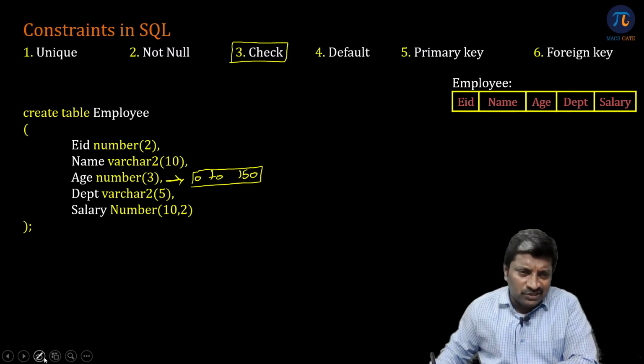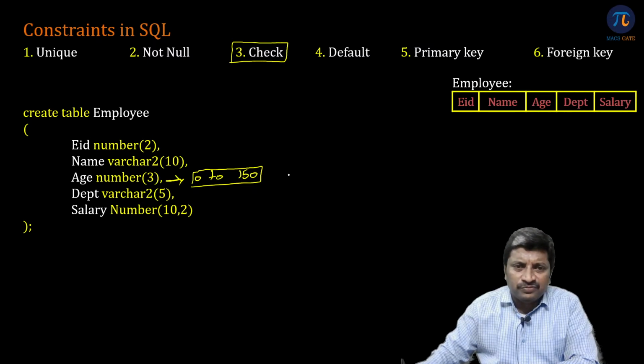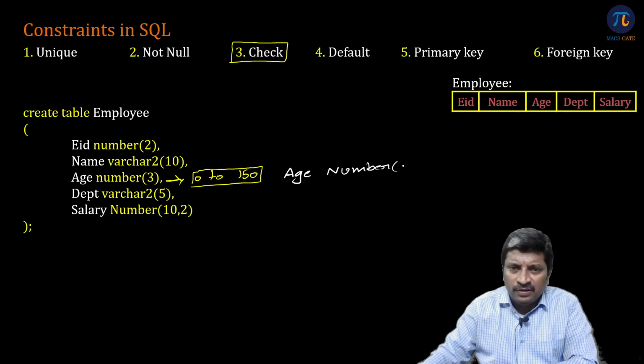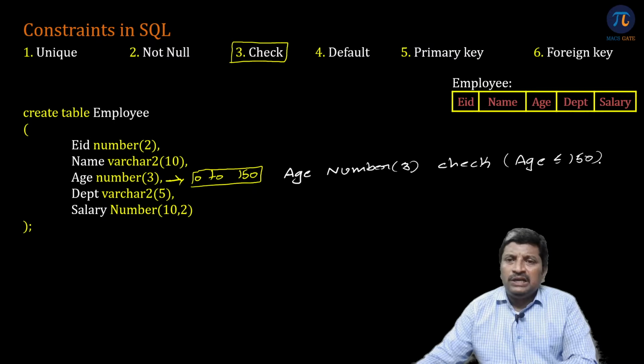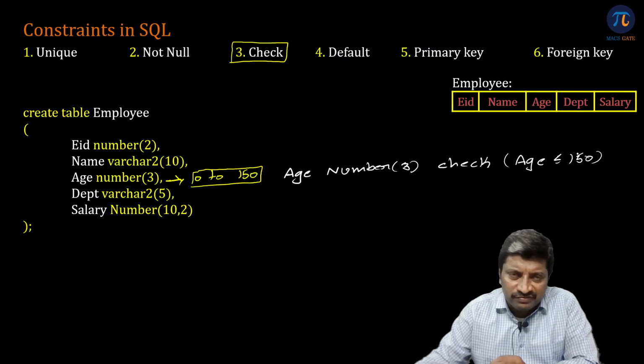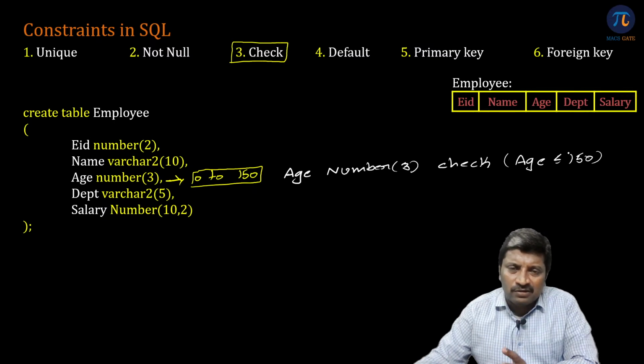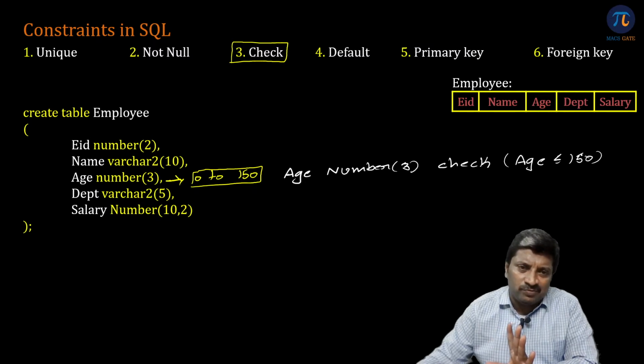Then in such a case, what we do is age number of 3. Here we write check age less than or equal to 150. If age is less than or equal to 150, it will accept that particular record. If it is not, then it will not accept.